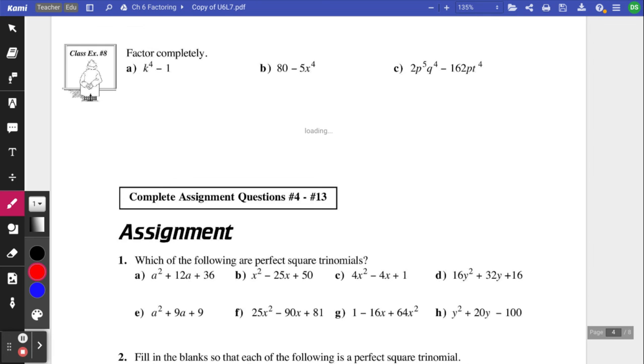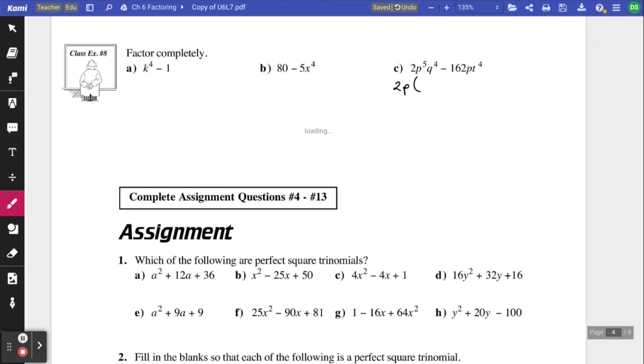What do you see on C? A 2. What about the 2, Abby? Take out the common factor. Yeah, 2 is a common factor. Is there anything else common besides the 2? P is common?